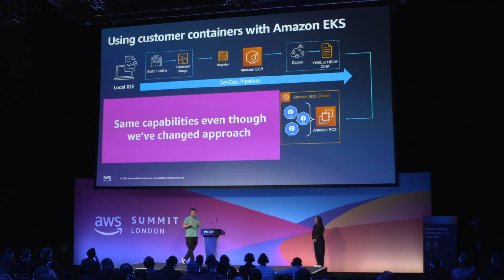But the real key takeaway here is that even though we've changed our tooling, we've changed our services, our container build pipeline hasn't changed. We're still building OCI-compliant container images. So our developer, Nikki in this case, is getting the benefits of the portability of the container and is still deploying their new Spring application the same way, but with all the capabilities they need. So we have the same capabilities even though we've changed our technology approach.